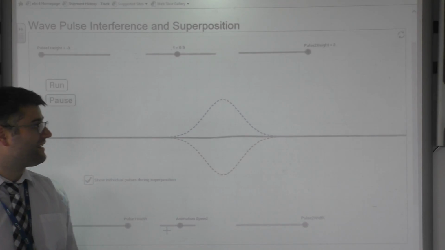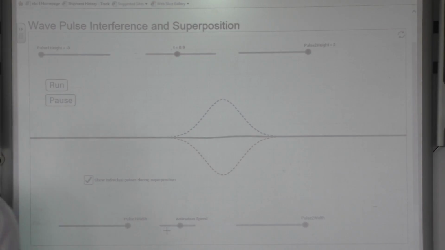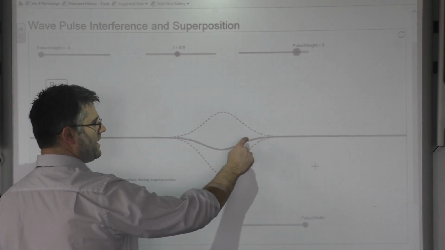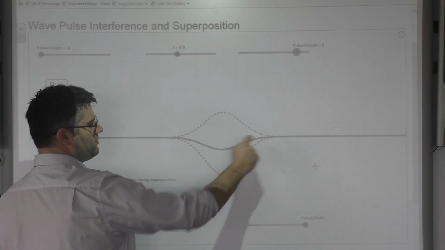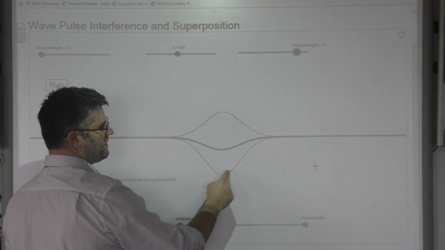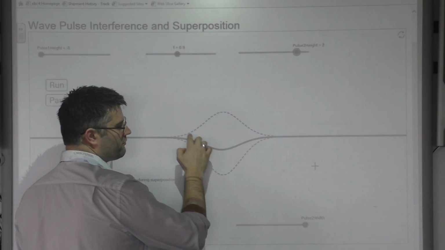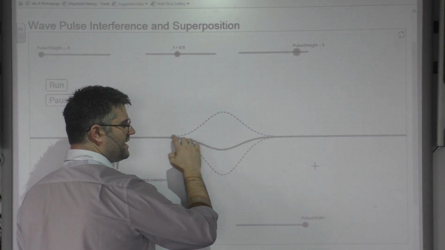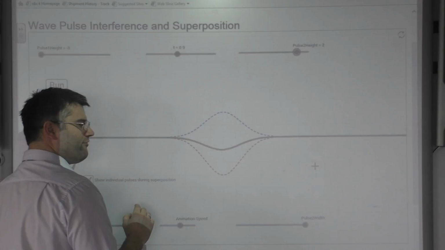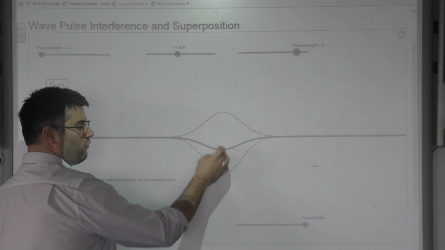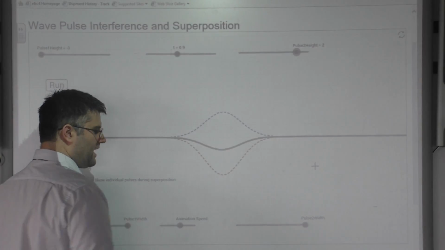And we can observe exactly the same thing we observed with the other one. If I reduce the height of one of the waves, what you'll notice, okay, when they interact in the same position, so this time we have an amplitude of 2 interfering with a negative amplitude of 3, and so the resultant is that I get a small negative resultant amplitude, a resultant displacement all the way along as a result of it.